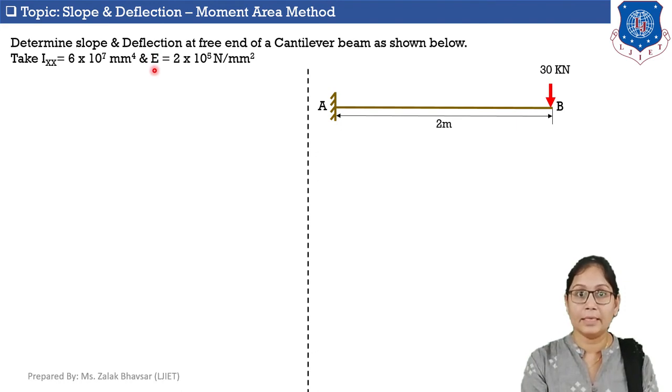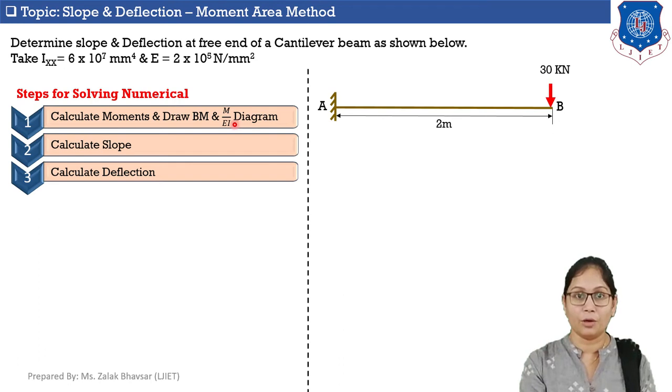And capital E is Young's modulus of elasticity. It is 2 into 10 raised to 5 Newton per mm square. Here, this cantilever beam has one point load of 30 kilonewton at point B and total length of the beam is 2 meter.